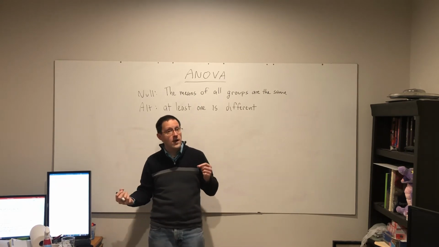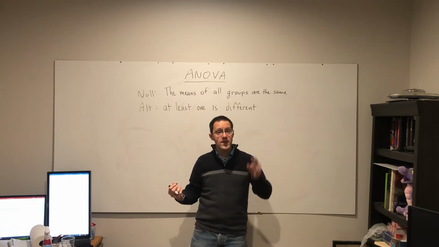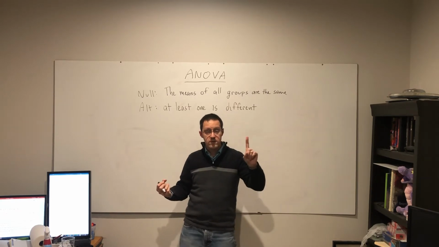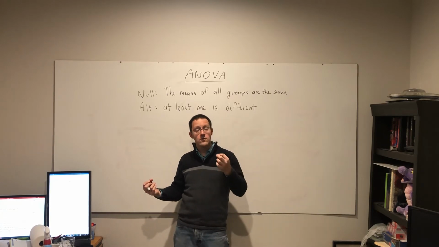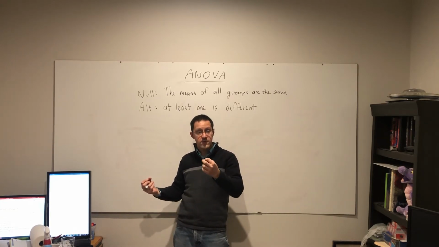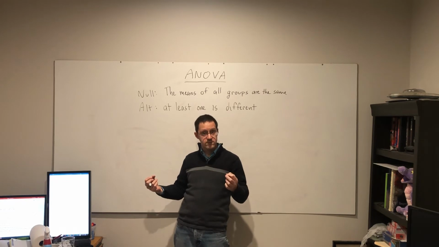For that null hypothesis to be false, we only need one to be different. It could be more than one. All we know is that there is at least one group mean that does not match the others.